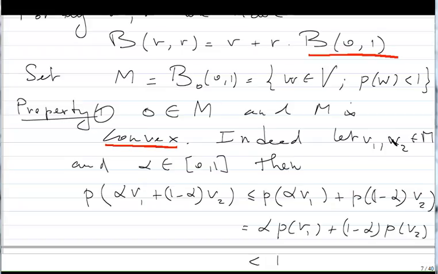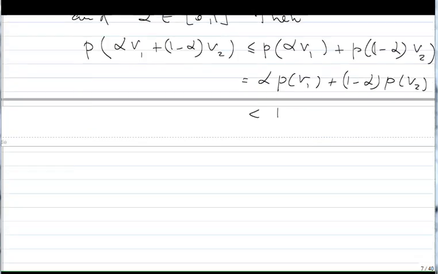So indeed αv1 + (1 - α)v2 belongs to M, and that is the definition of a convex set. To be convex, you need to have the entire segment, which means exactly what we just proved.